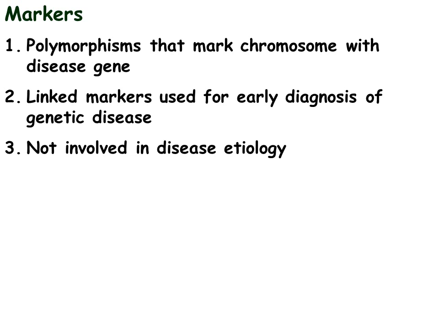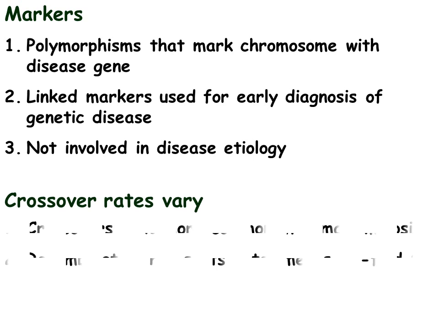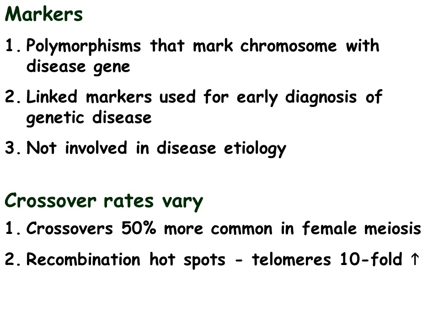They're linked to the disease because they're always inherited along with it, but they are not involved in causing the disease themselves. Now, crossover rates can vary. Crossovers are 50% more common in females during meiosis, and there are some areas that we call recombination hotspots. This is particularly true for the ends of the chromosomes, the telomeres, where recombination can increase tenfold. So now your distances are going to be altered.